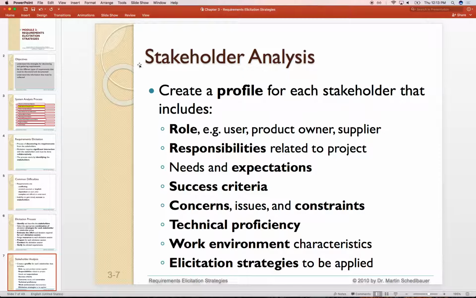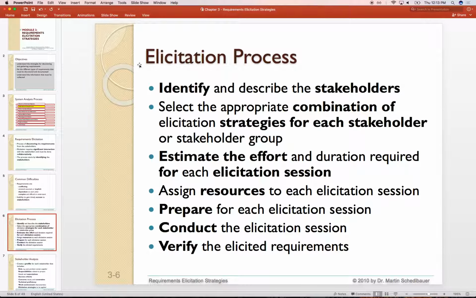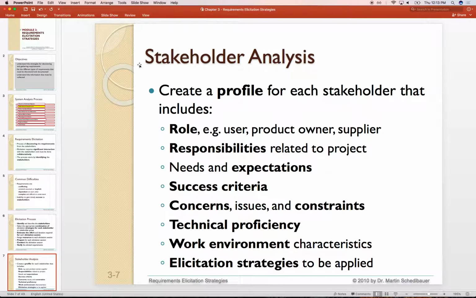So the first part is identifying this part, right? First is identify the stakeholders. So that part you'll need to kind of create like a matrix of all the folks that are invested in the success of the project and try to capture what are their profiles, or what is your role, who do you report to, what are your responsibilities, what is your point of view, your expectations from this project, in your criteria, what would you consider for this project to be a success, right?